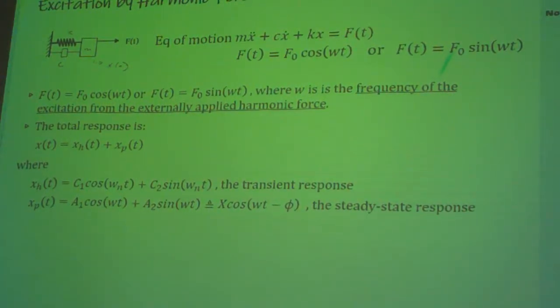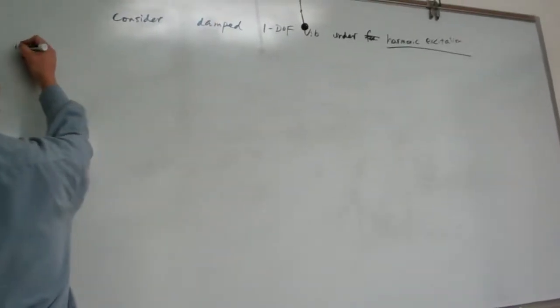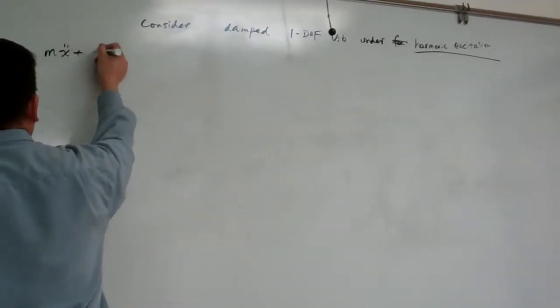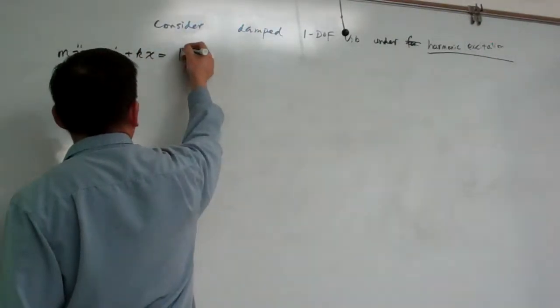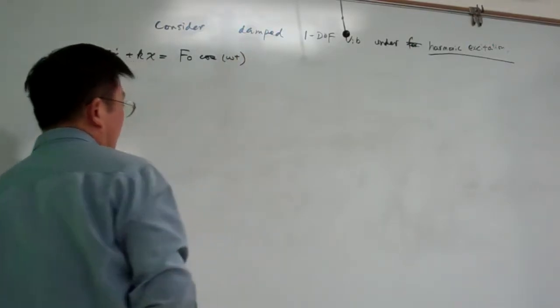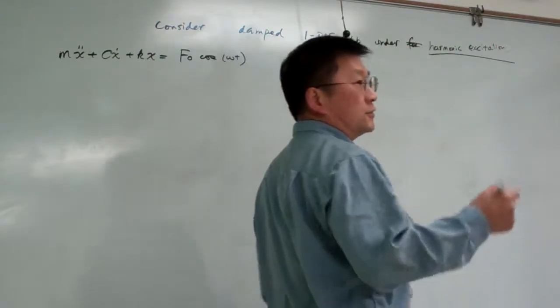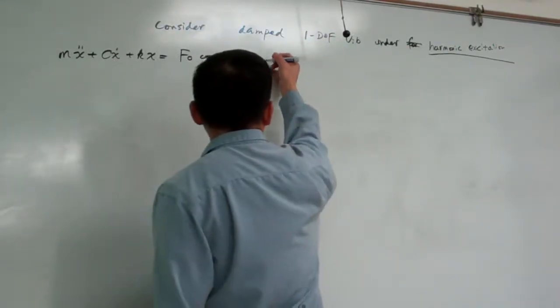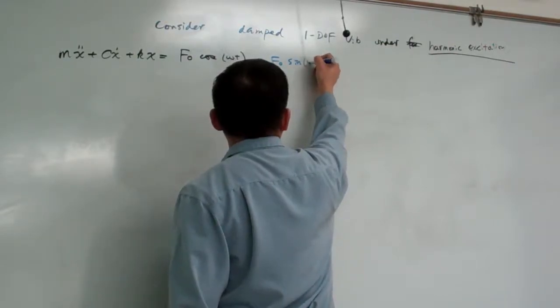Right now we consider the damped vibration system. So what we have is m x double dot plus c x dot plus k x equal to F naught cosine omega t, or, let me use color to indicate, we substitute F naught times sine omega t.